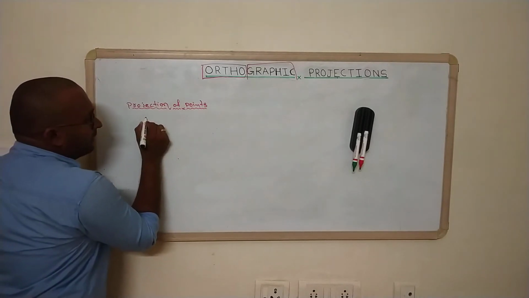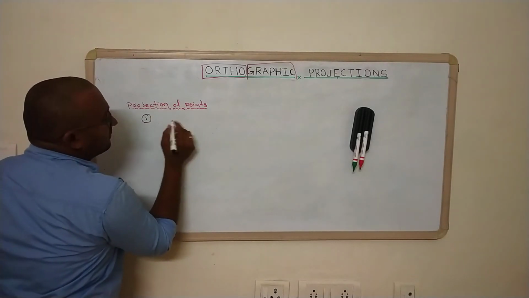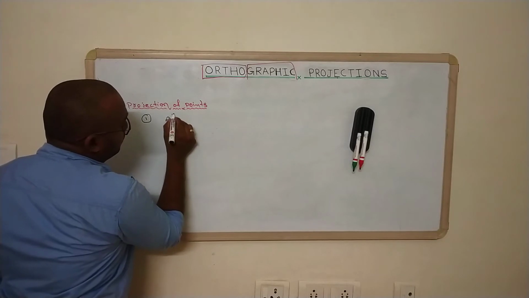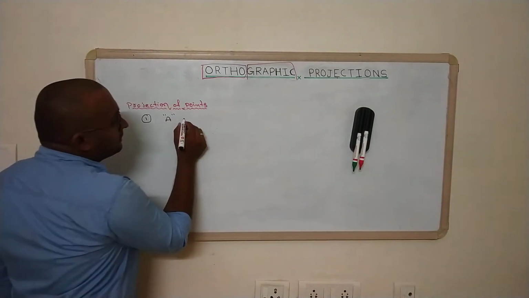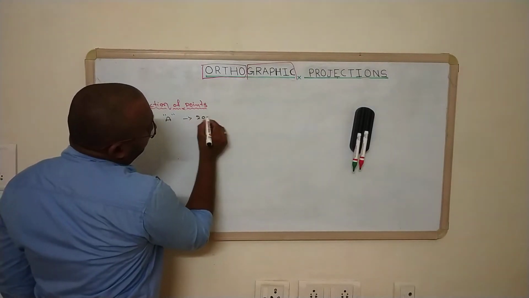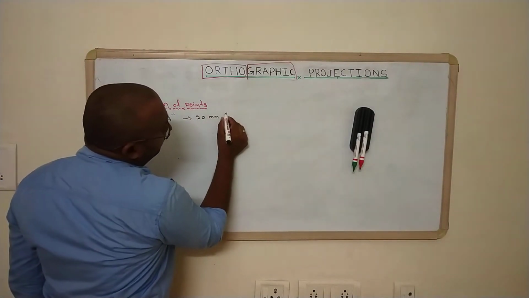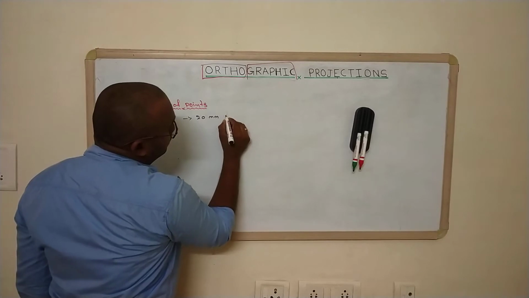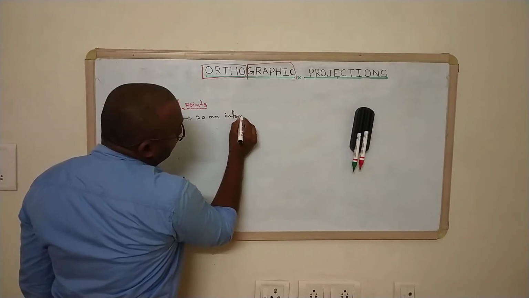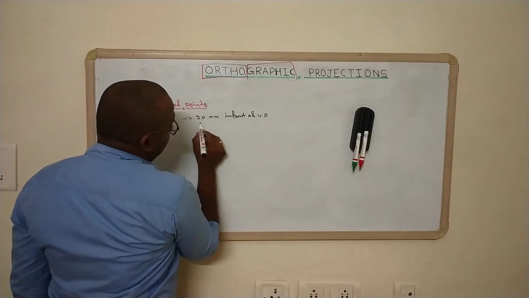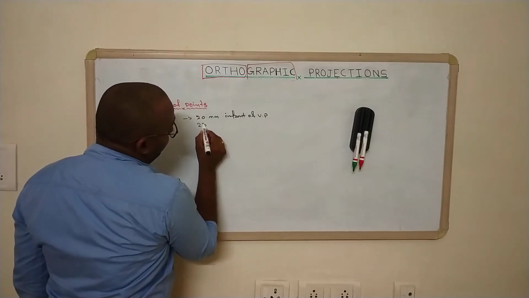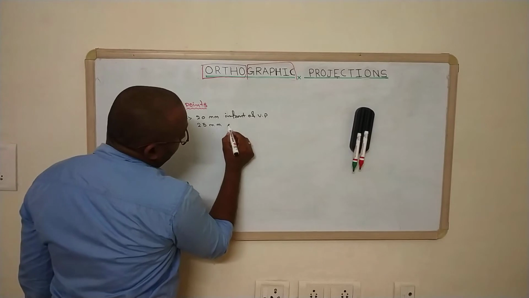Say for example, a point A is 20 mm in front of VP, 25 mm above HP.